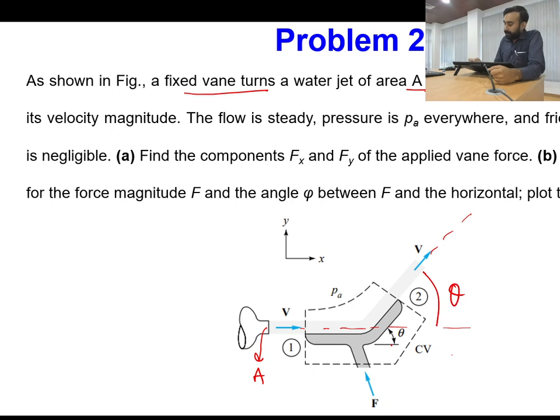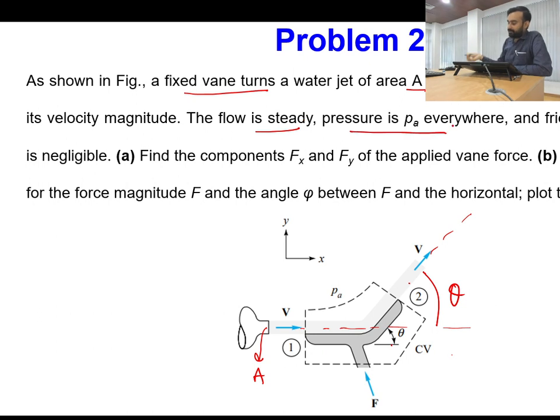It is deflected without changing its velocity magnitude. So when this vane deflects it, the velocity at this point and at this point is the same. The flow is steady, it is not changing with time.